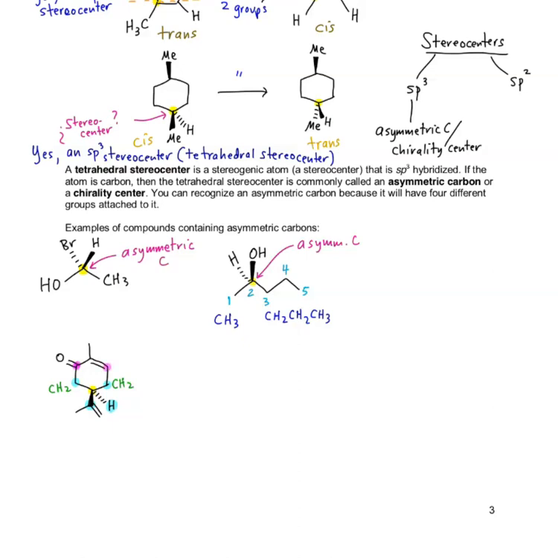So we continue moving away from the asymmetric carbon around the ring in both directions. And what we get to, I should say, is this carbon over here, which is connected to an oxygen, and this carbon here, which is not. So right away, that breaks the tie. This means that the carbon that I originally highlighted, this guy down here, is an asymmetric carbon.